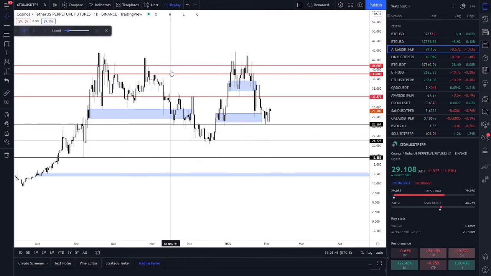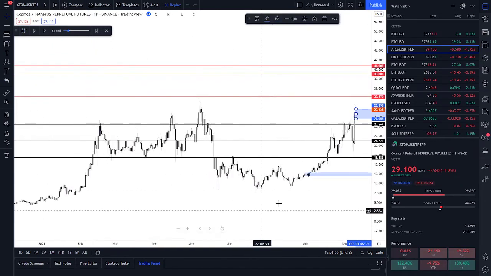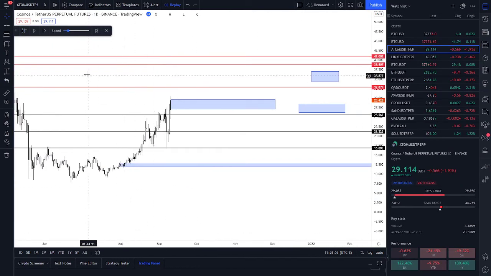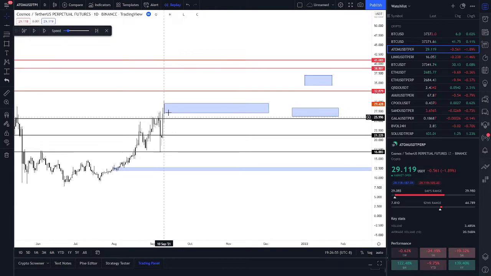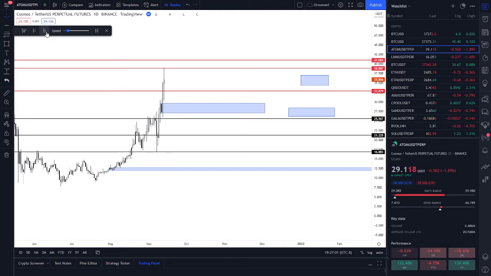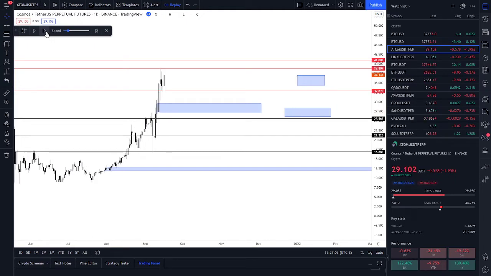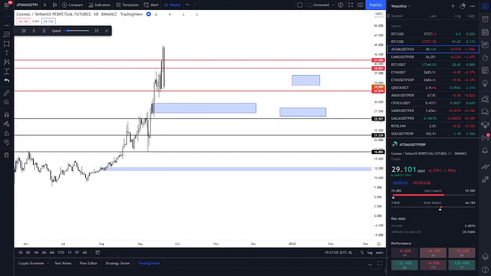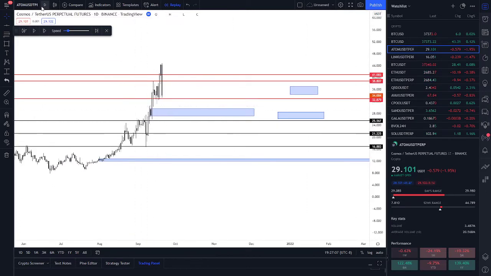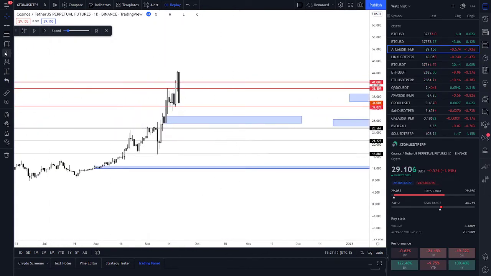So let's take this back and let's go to here. So let's say we're here in time, right? We're going to build candles. There's our price action. We have now on the daily consolidation after an impulse up and then impulse up, right?